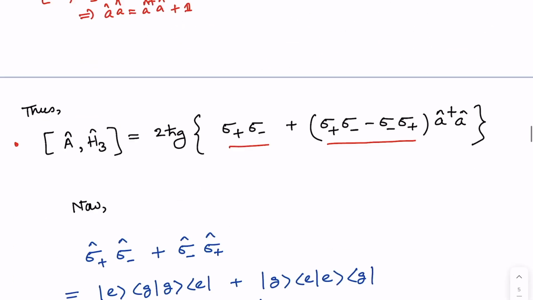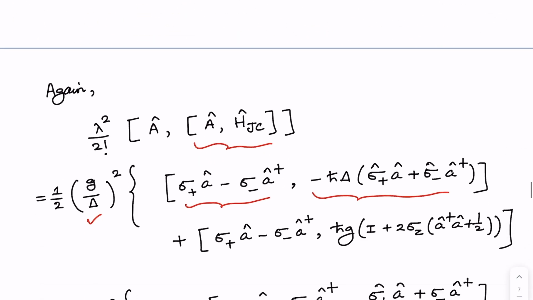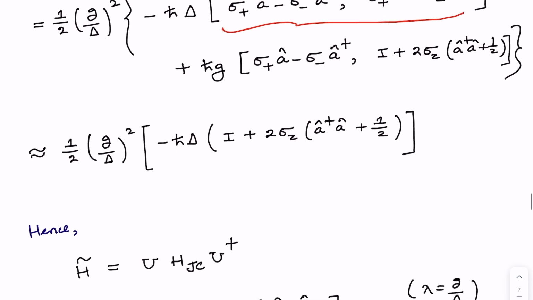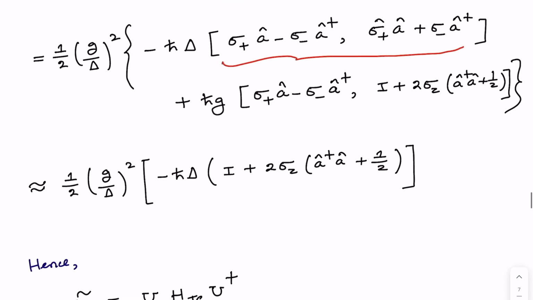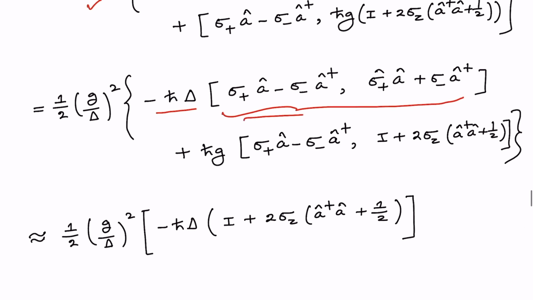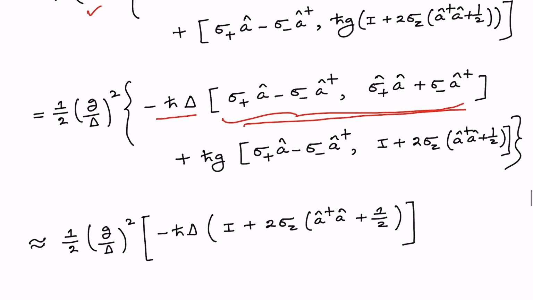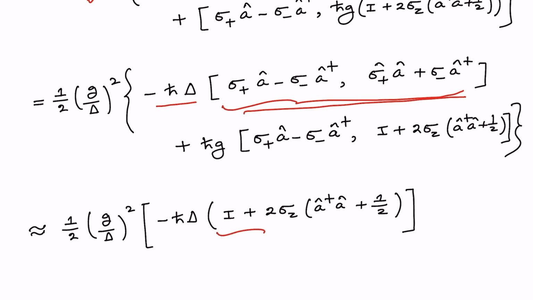Now here it is multiplied by this term. I think it is easy to follow. Hopefully all of you are following. So this minus h bar delta is there, and if you work this, we have already worked this out, and then we can just write down the result here. This is what we have.